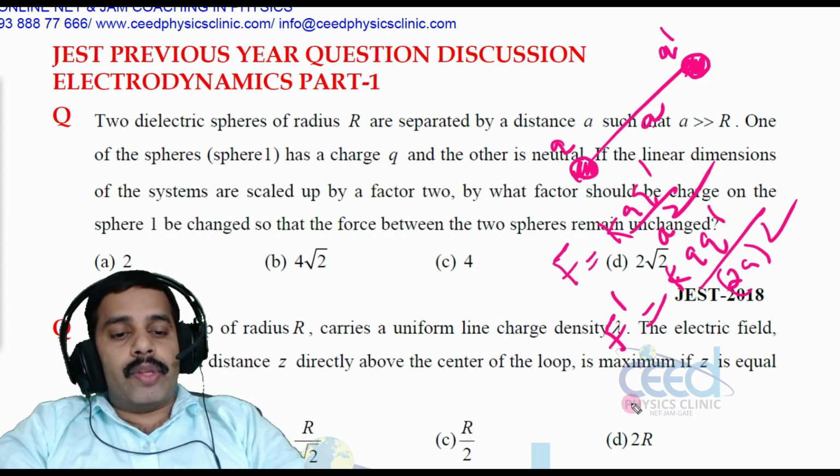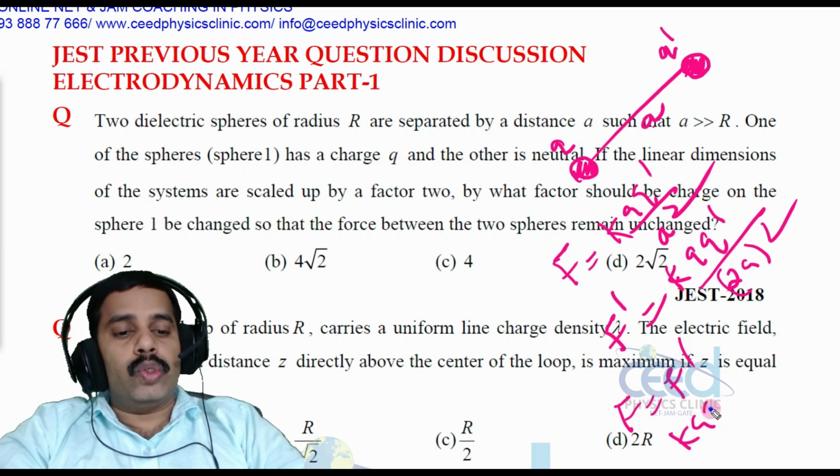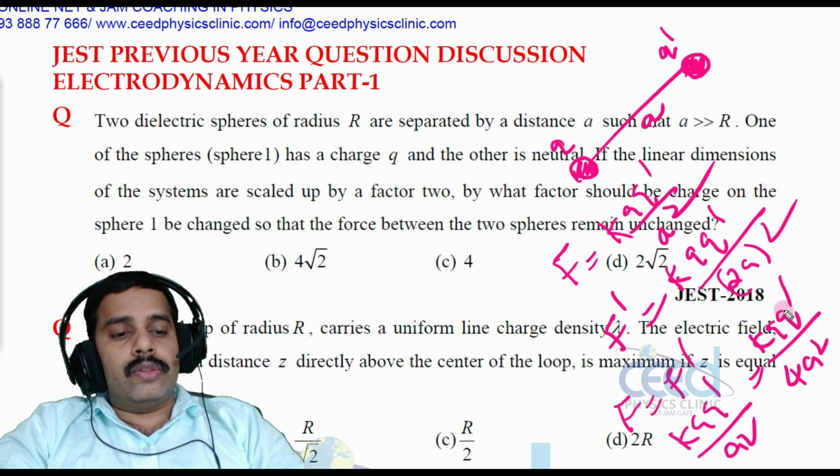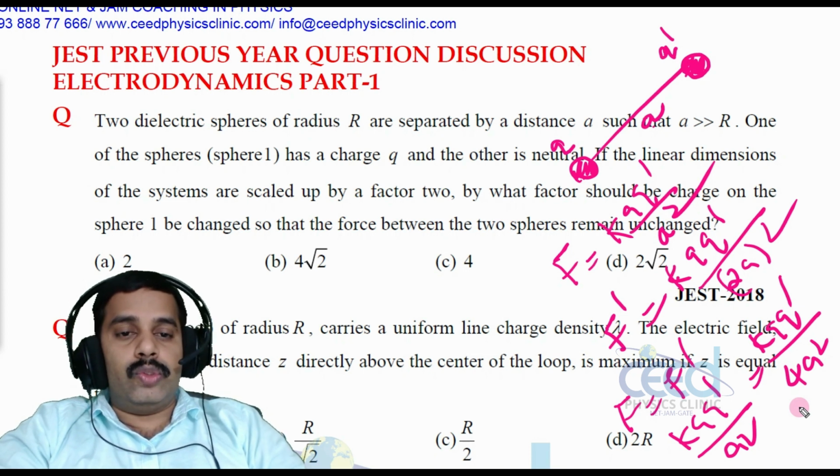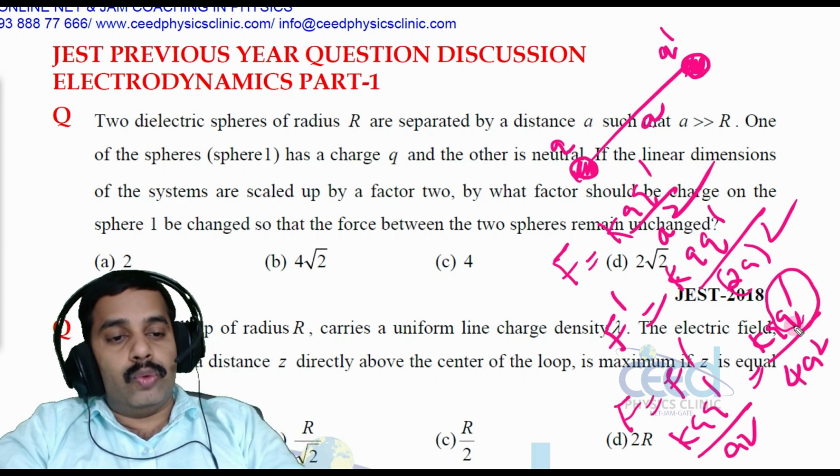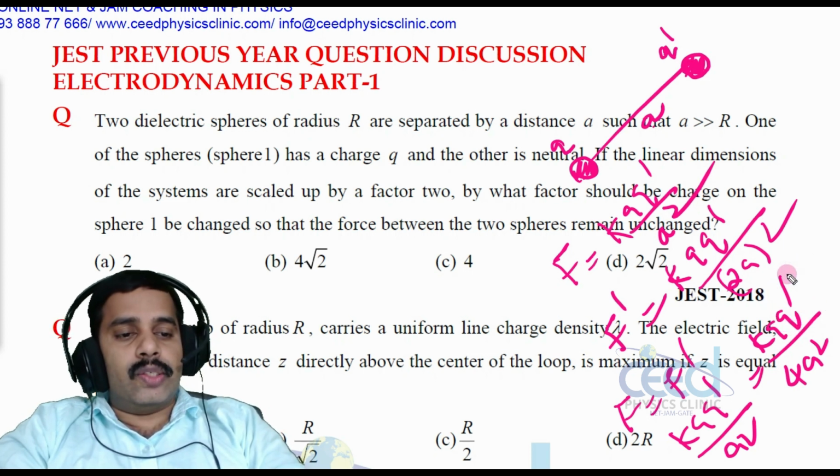So F is equal to F dash means Q dash by A square is equal to Q dash by 4A square. So we can cancel out the common terms. This will be equal only when the new Q dash, I can call it Q double dash, is 4 times the old one. Then the 4 and 4 cancel and this part will be equal.